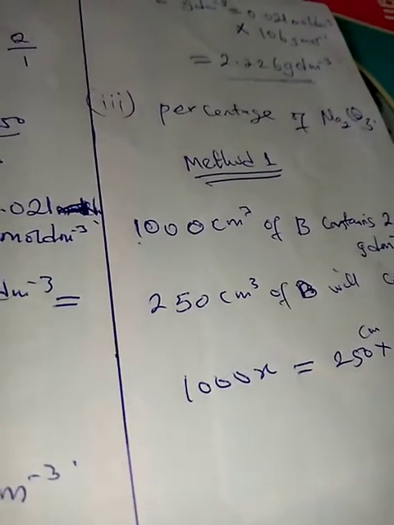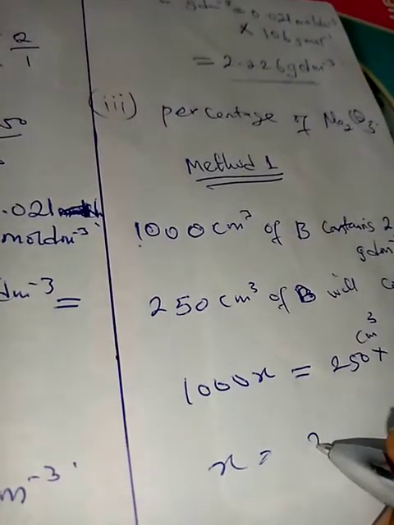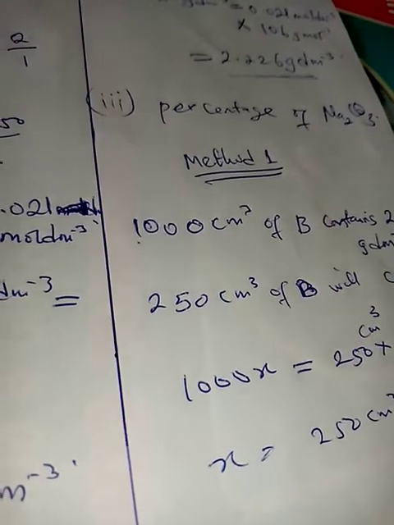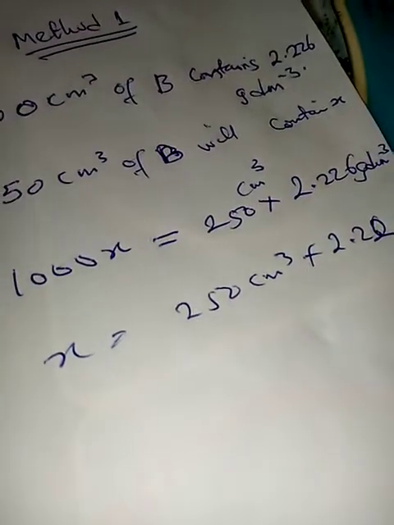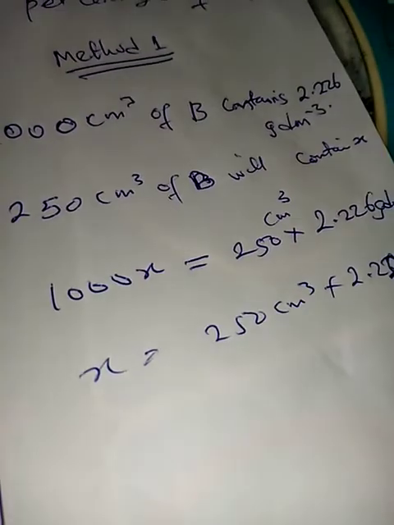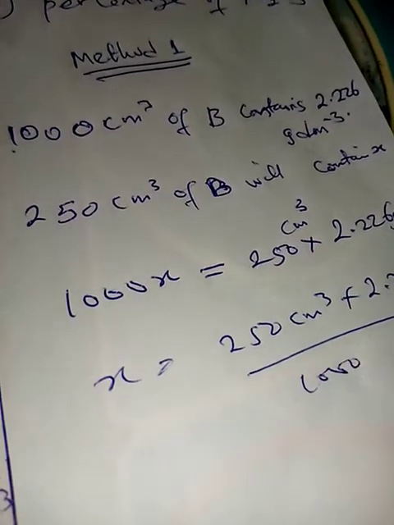So this is in cm cube. So x is equal to 250 cm cube times 2.226 gram per dm cube divided by 1000 cm cube.